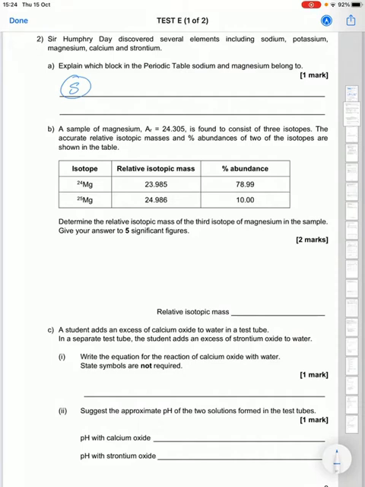You need to explain that. So it's highest energy electron is in an S orbital or subshell. Okay.